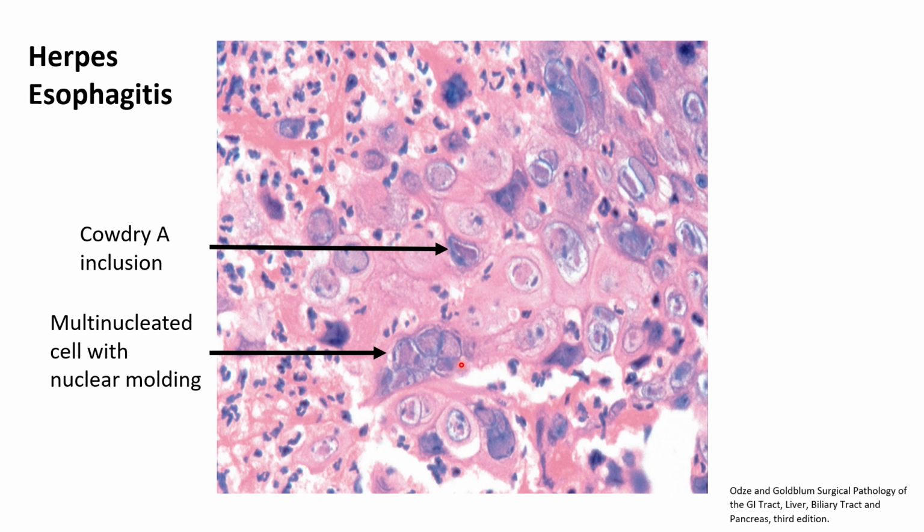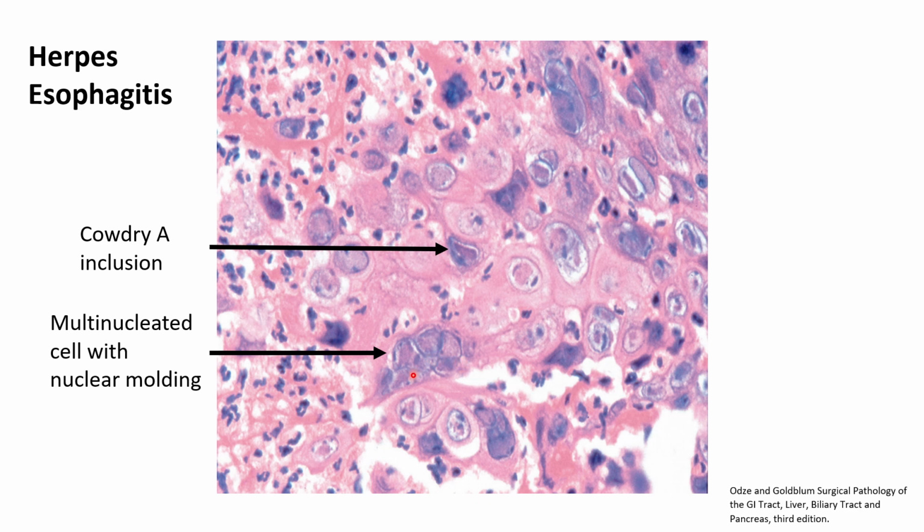And so this is the first M, multinucleation, nuclear molding. This is the second M, molding, which means that the nucleus will conform to the shape of the adjacent nucleus. So it will bend and it will take the shape of the adjacent nucleus.